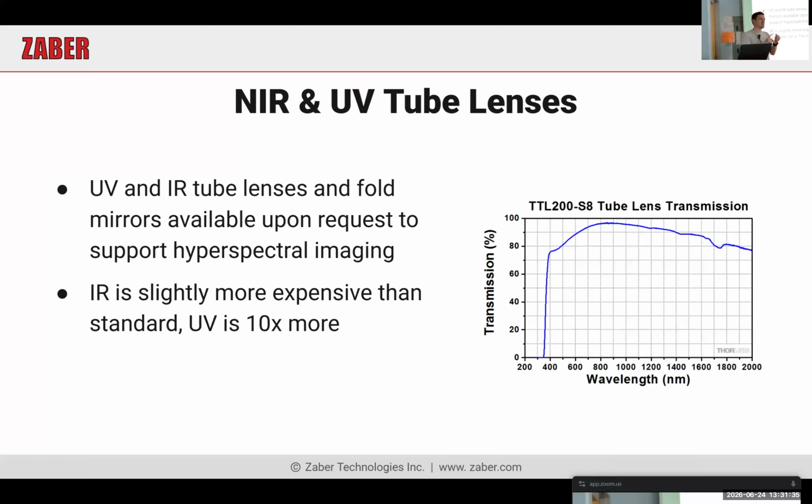UV tube lenses, mirrors, and cameras are all about 10 times the visible spectrum stuff. Once you start getting to more exotic materials and coatings, we can do it, but it is more expensive. But NIR is very straightforward.